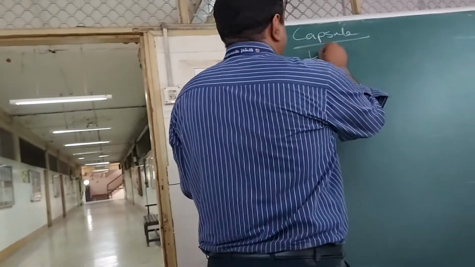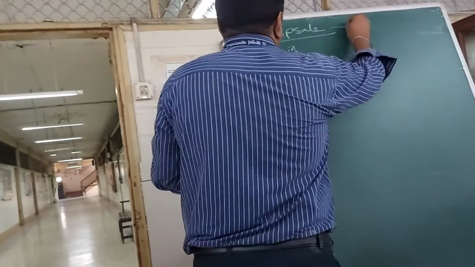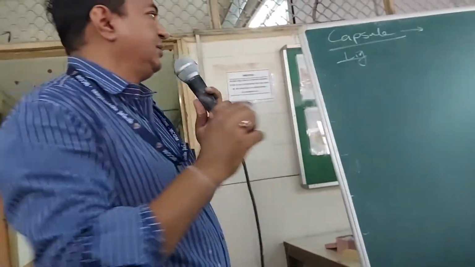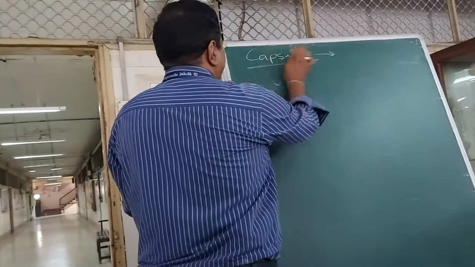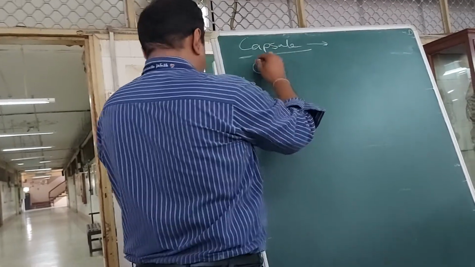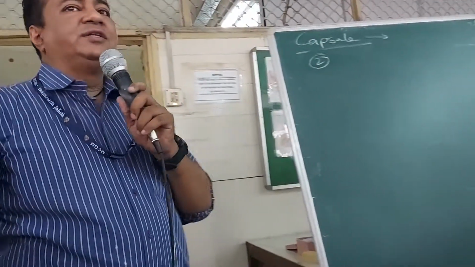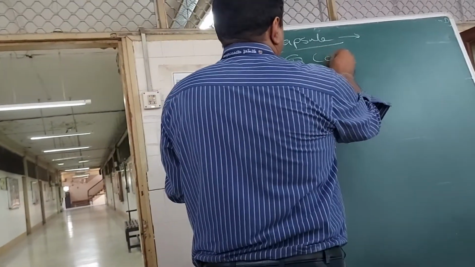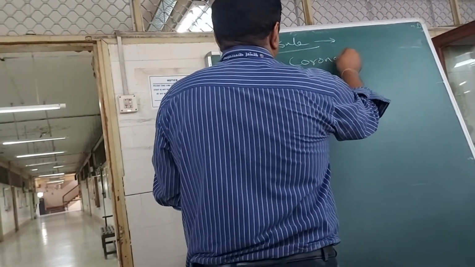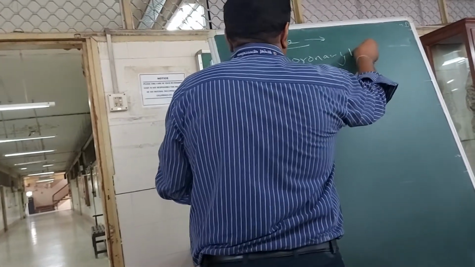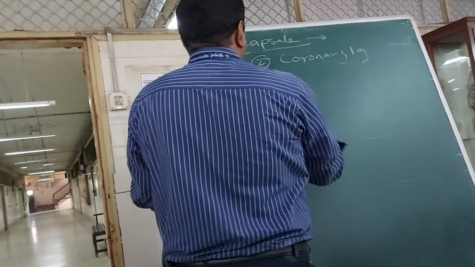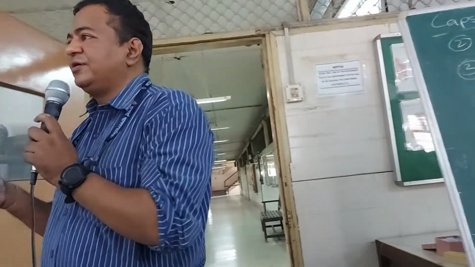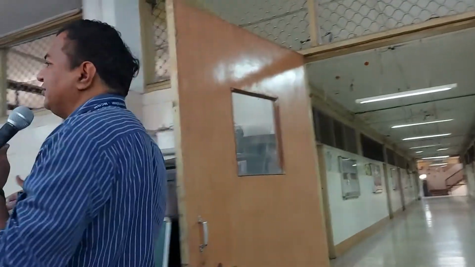Ligaments. In the capsule, there are two thickenings. One thickening is deep to the meniscus, that is called the coronary ligament. One thickening is deep to the fibular collateral ligament, which is on the lateral side.